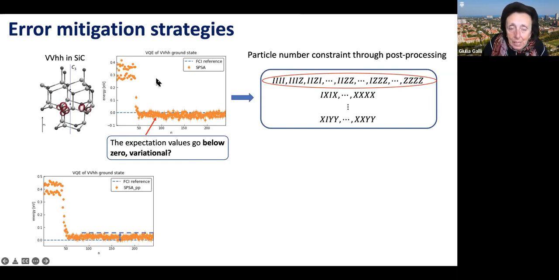I didn't explain this, but this is the error bar of the measurements. I have to prepare my wave function and measure it on the quantum hardware many times and average, and then I get this point. Then I get this, which doesn't even conserve the number of electrons. And then I need to do all this extrapolation, and then I have to extrapolate for noise.